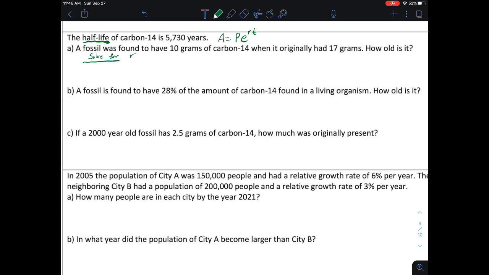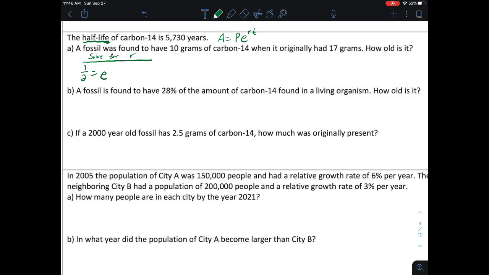So I'm going to let A be 1/2, which means I started with 1 for P, because it's half of what I started with for my half-life.